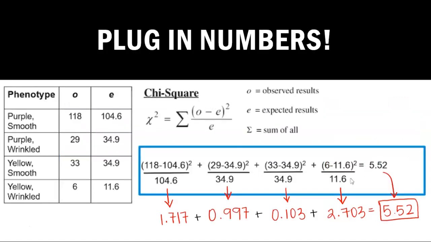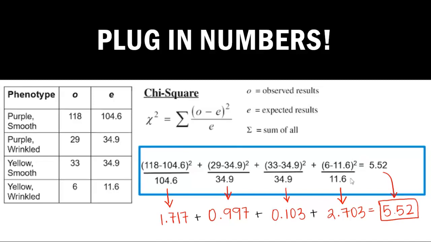Once we find those expected values, all we have to do, y'all, is plug in the numbers, okay? The chi-square formula is the sum of observed minus expected squared over expected. And I'm going to do that for every phenotype. So I'm going to start off with my purple and smooth. 118 minus 104.6 squared over 104.6 gives me 1.717.